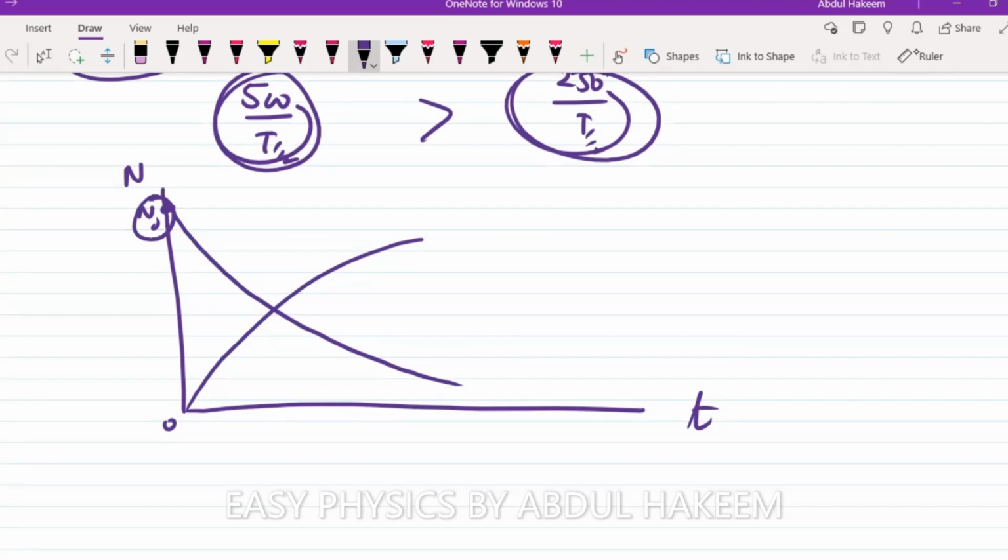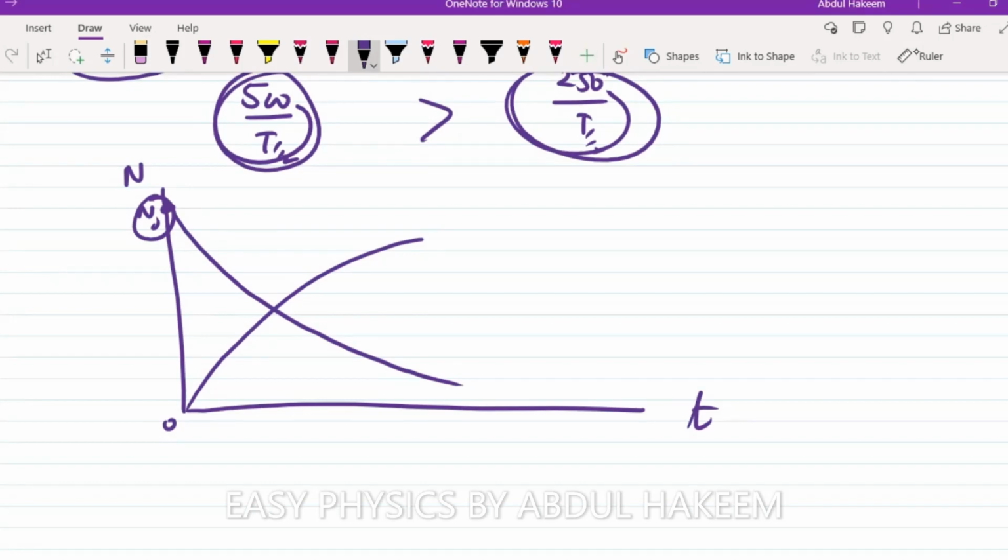But if there is no visible source of radiation, no radioactive source visible, then the radiations detected by the GM tube are called background radiations. So the radiation detected by any detector without any visible source is called background radiation, BGR.